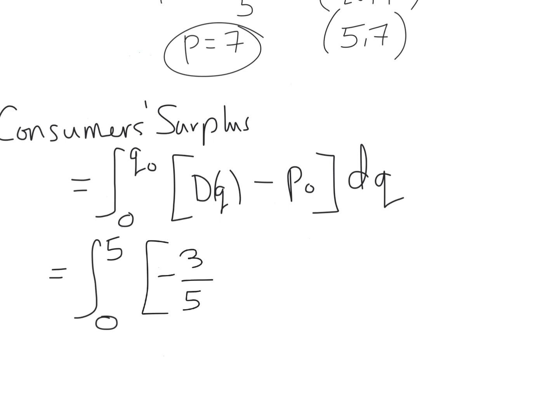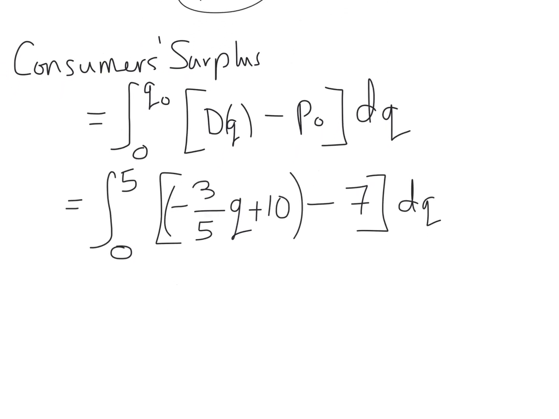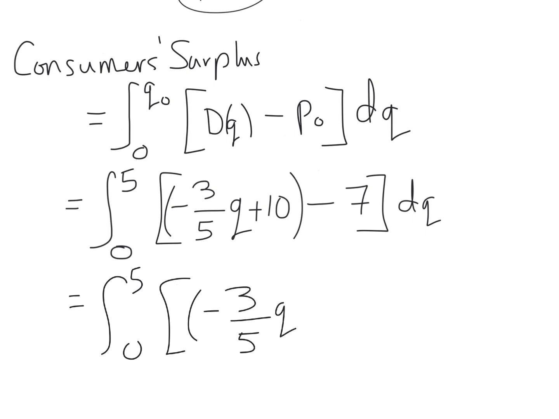Minus 3/5 Q plus 10 minus the equilibrium price, which is 7, yeah? Right? So I'm going to simplify, right? I'm not doing anything with integration yet. So 10 minus 7 will be 3 plus 3, yeah?